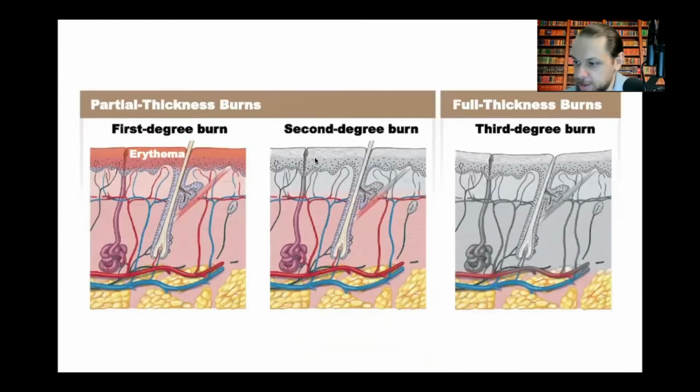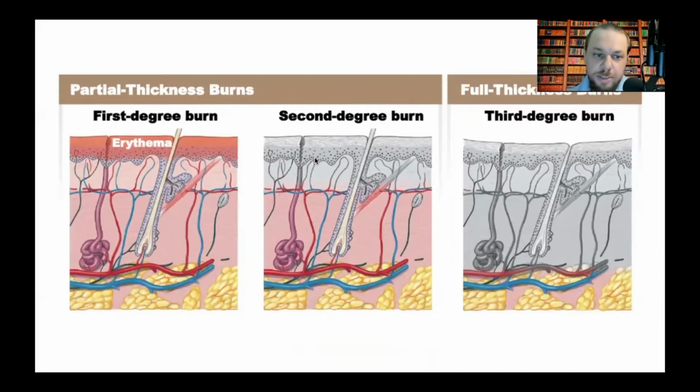Now, why is it important to know the layers of the skin and what's housed in those different compartments? Where are the nerve endings? Where are the blood vessels? Where is the subcutaneous tissue?